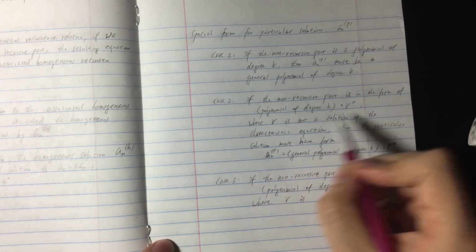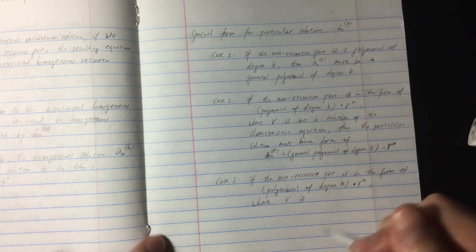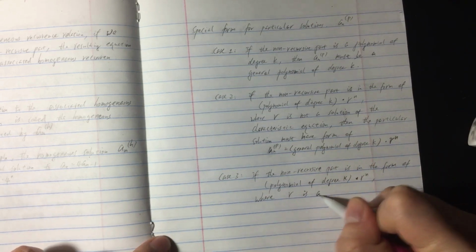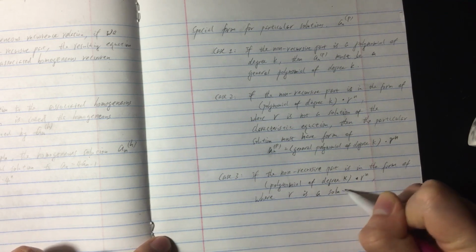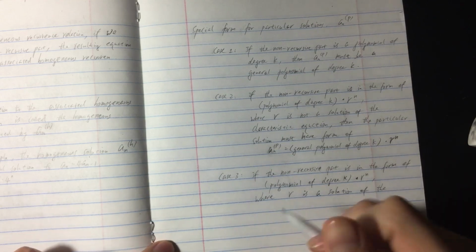In case 2, r is not a solution of the characteristic equation. In case 3, r is a solution of the characteristic equation.